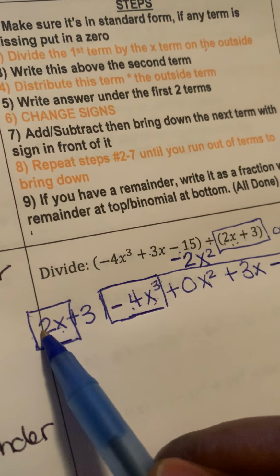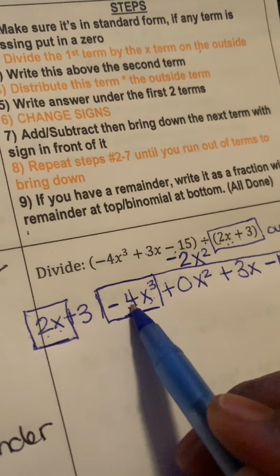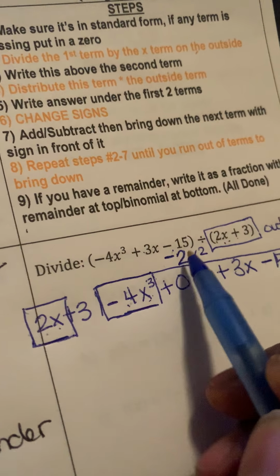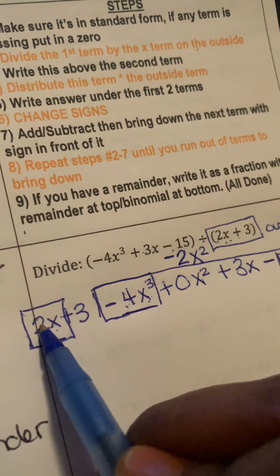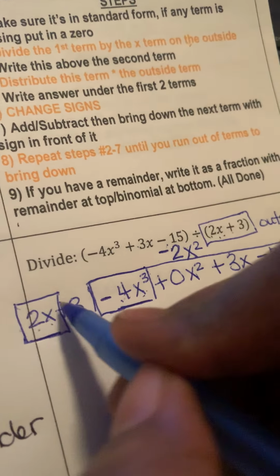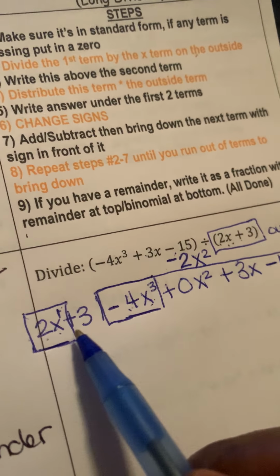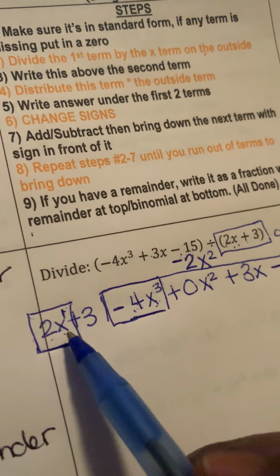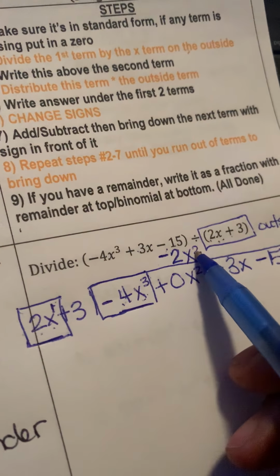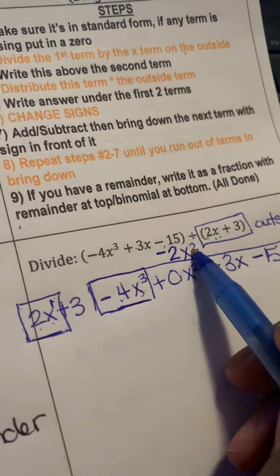So in order to get from a positive 2 into a negative 4, I need to multiply by negative 2. So negative 2 times 2 will give me a negative 4. In order to get from 1x, remember if you don't see an exponent, it's a 1. In order to get from 1x to x cubed, I need 2 more x's.